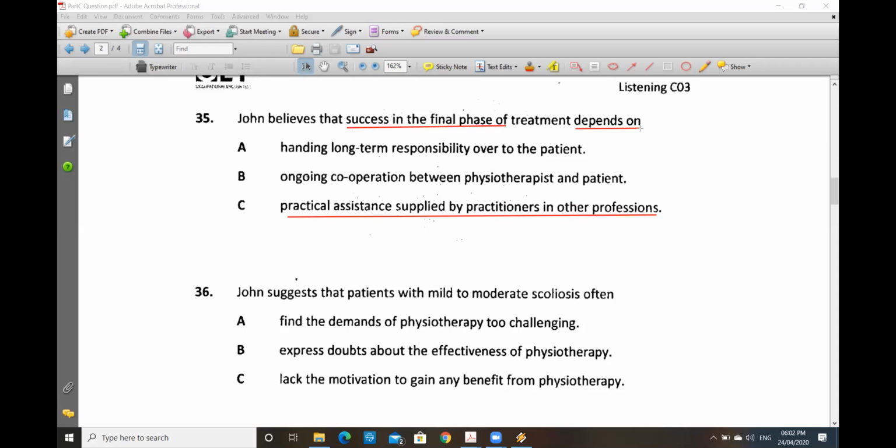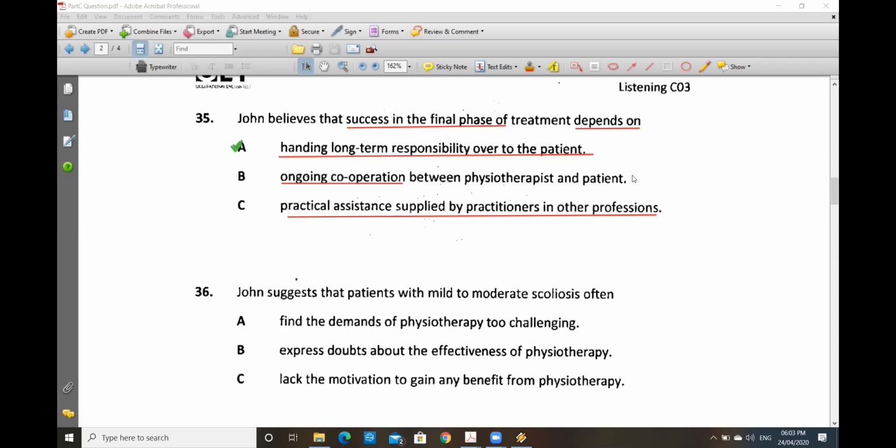So he explained very clearly that it is about the partnership, but again it is not ongoing cooperation, because it is up to the patients to maintain the physiotherapy exercises at home. So A is the correct answer, not B or C.